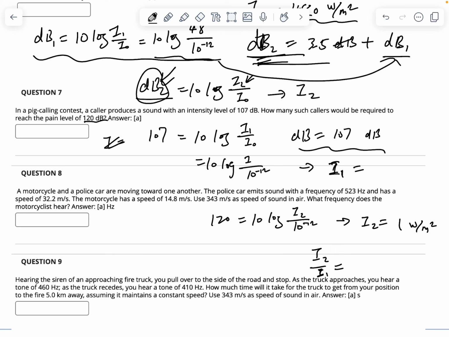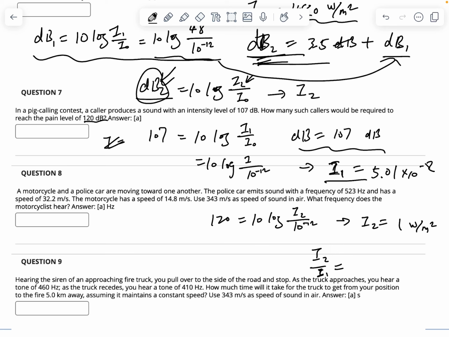107. So what is I1? I1 equals 10 to the power of 10.7, times 10 to the negative 12, and this is equal to 5.01 times 10 to the power of negative 2.